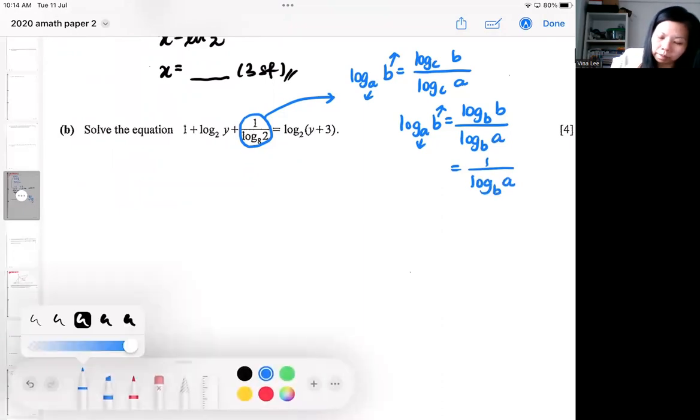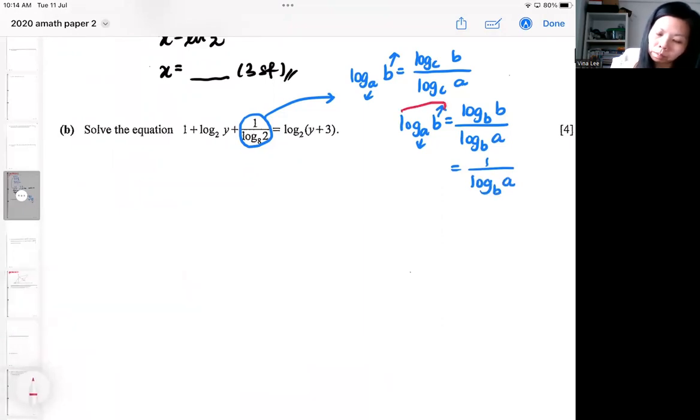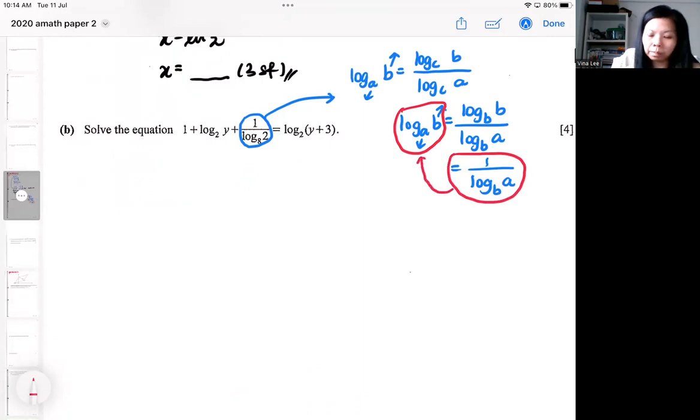I would like you to observe this part. This one is equal to this, so you can actually go backwards. So I'm going to go backwards to help in this portion.